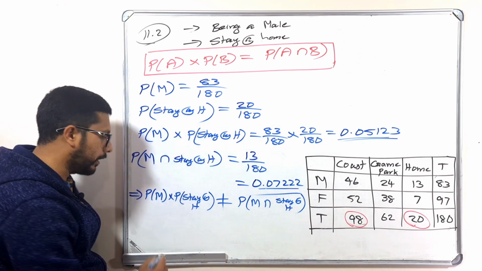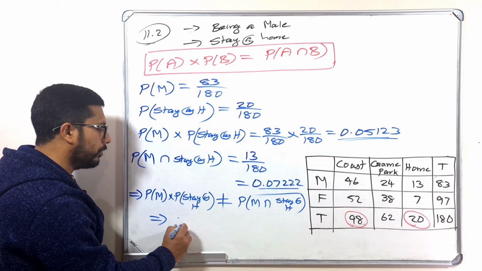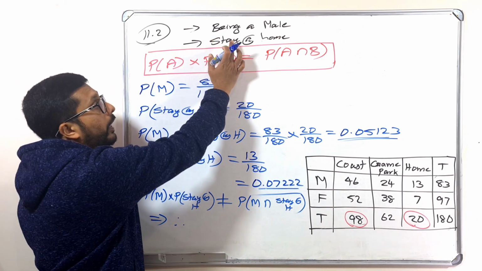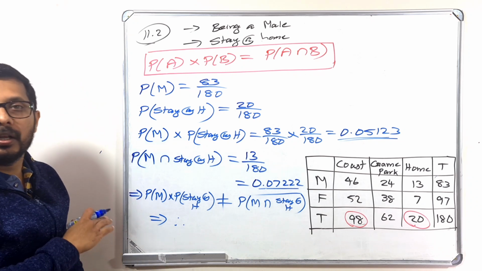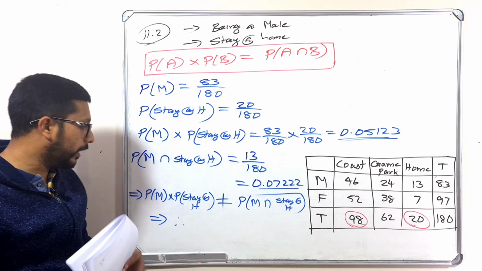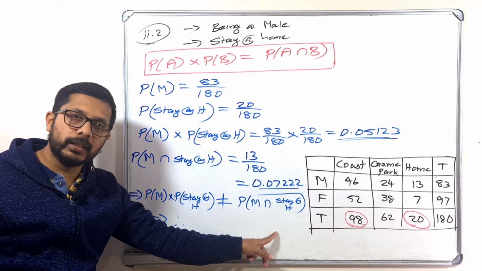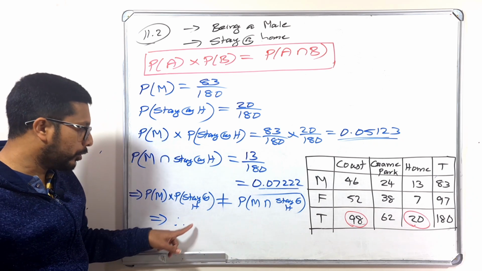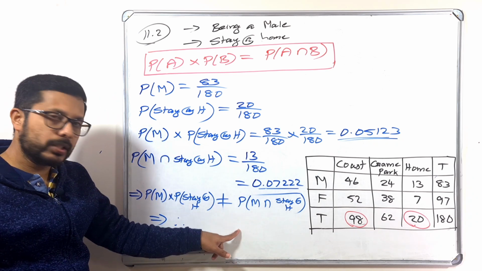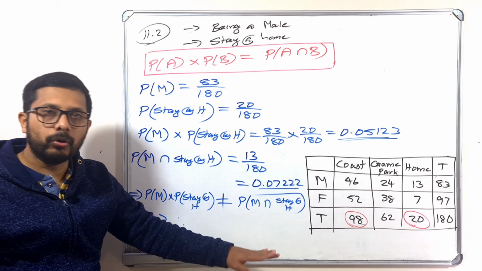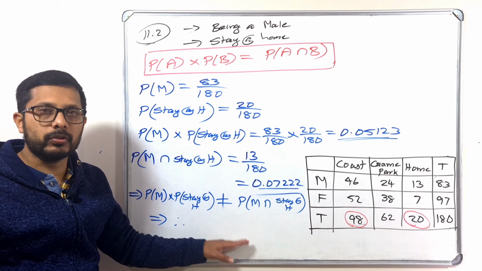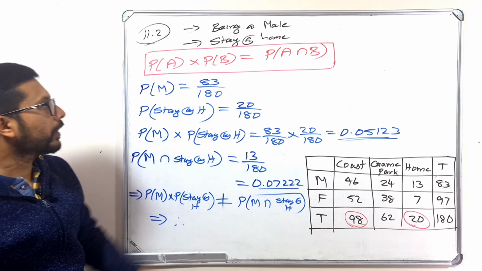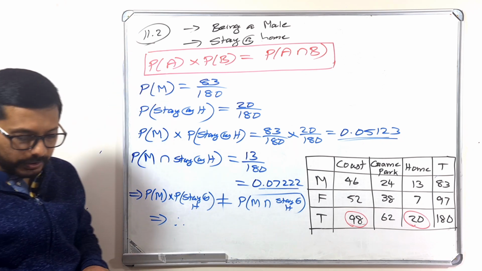So what we can say, it implies that probability of being a male and stay at home are not independent. You must write that sentence, otherwise you will lose 1 mark. You have to specify that one. So that is question number 11.2.